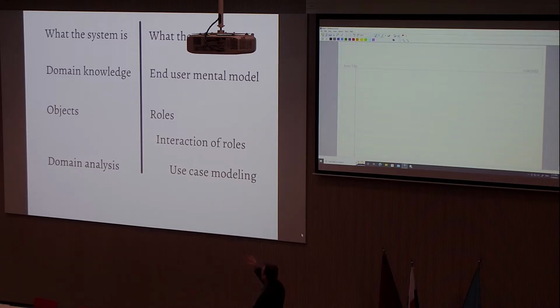We talked about use cases on one side as a kind of end-user mental model reflection, and on the other side, domain analysis, which gives you a more stable structure you can rely upon and identify without actually specifying use cases.